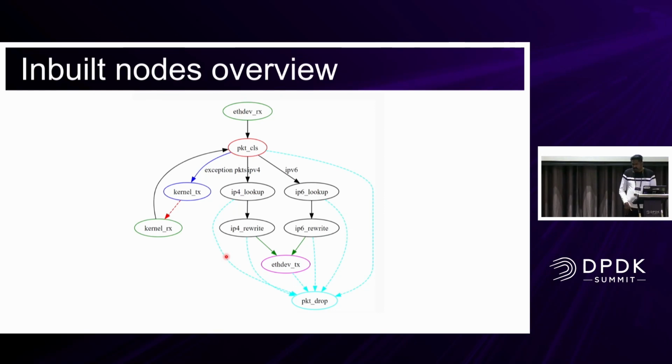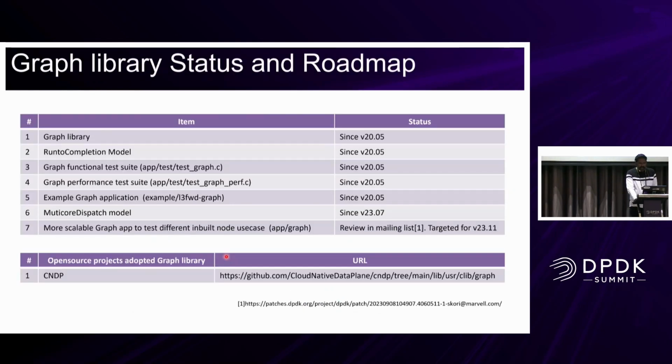Yeah, that's more on the graph. Now these slides talk about the internal nodes which are already available in DPDK, and the status more or less. The graph library was upstreamed three years back, and run to completion also came along with that.